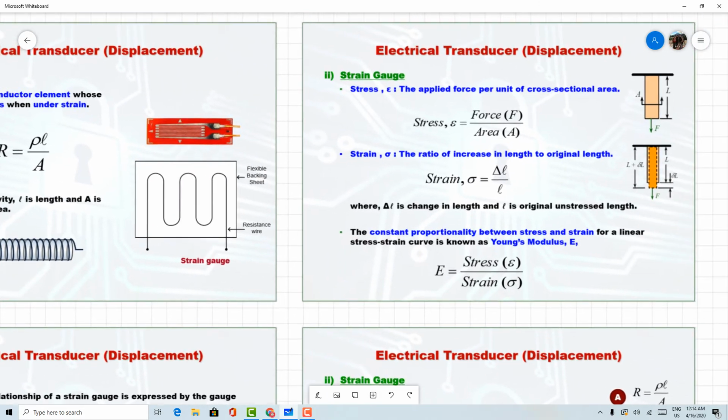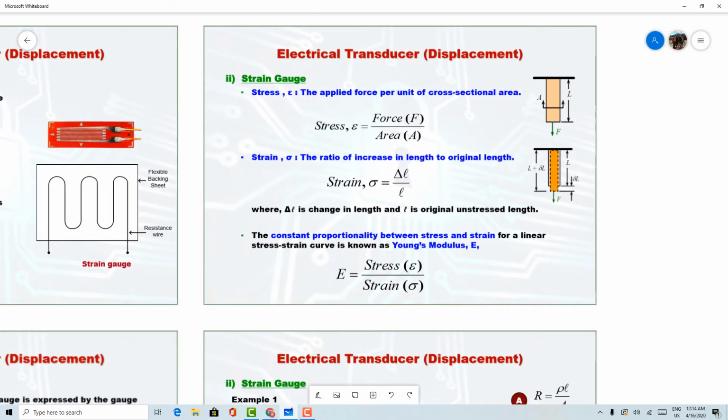You can see from this figure, about the strain, that we have both tensile and compression. Just now we were talking about tensile strain.